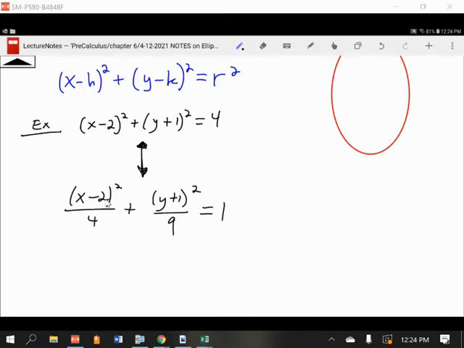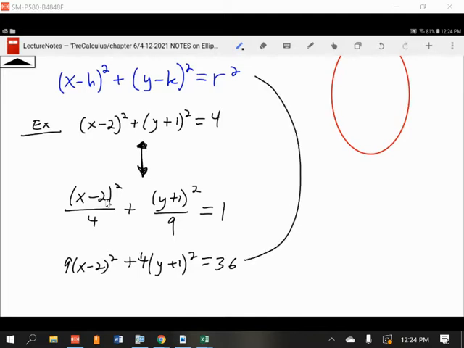Notice how if you wanted to multiply through by the common denominator, which would be 36, you would get 9(x minus 2) squared plus 4(y plus 1) squared would equal 36. That's multiplying through by the common denominator between 9 and 4. And notice that's not a circle.